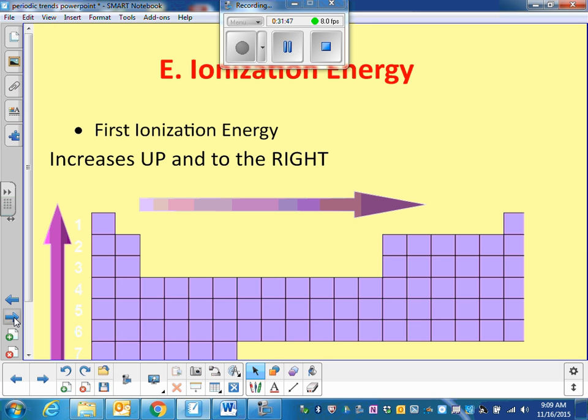Do you need more energy when it's hardly holding it, to pull it out? Or when it's strongly pulling it, do you need more energy to pull it out? Which case? Here, let me show this. Evelyn, you are the nucleus, all right?